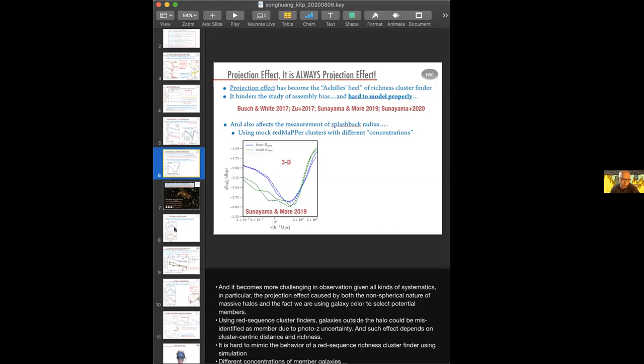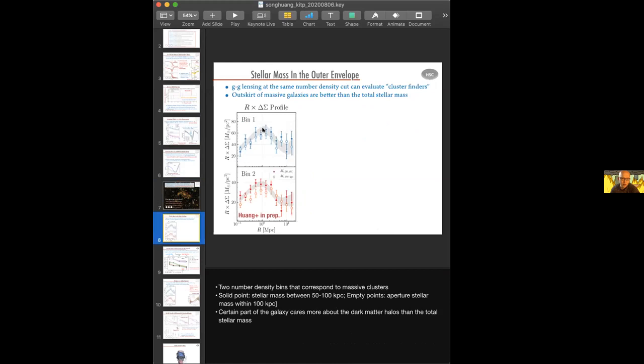But one thing I can say is that if you look at this background shaded region, basically the model that fits our stellar mass based lensing signal very well, those are just very simple models based on N-body simulation. We literally just assume there is a very simple correlation between our observable and underlying halo mass, with some scatter.